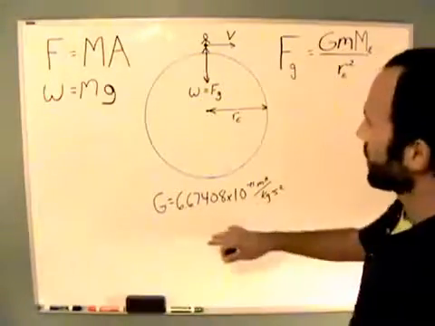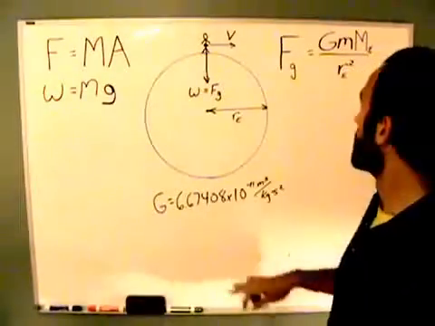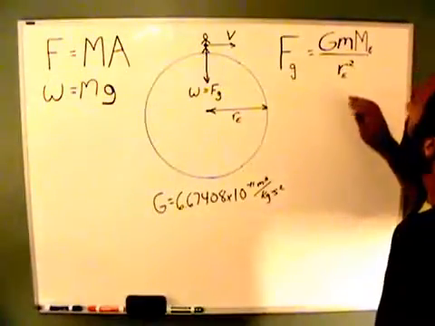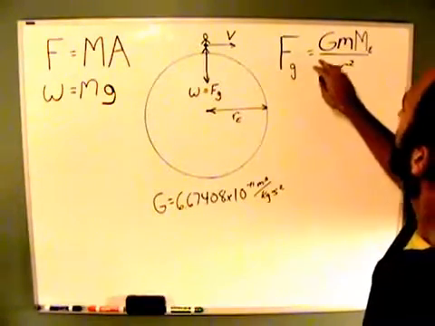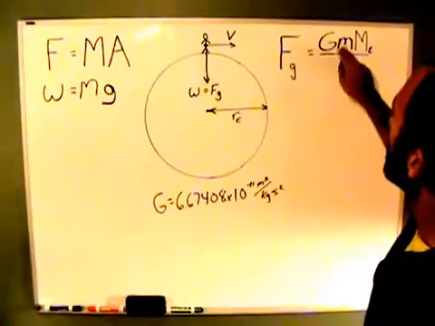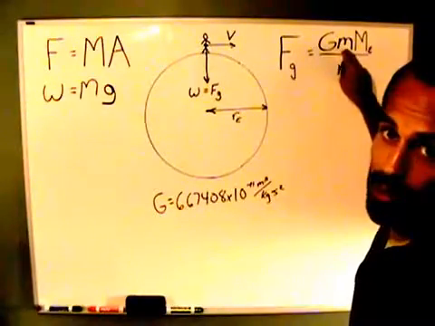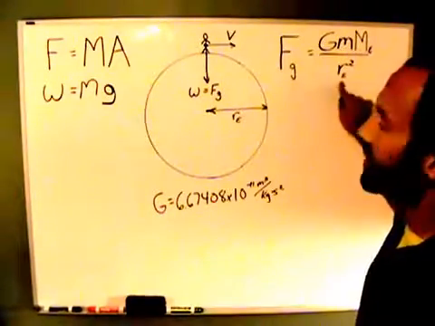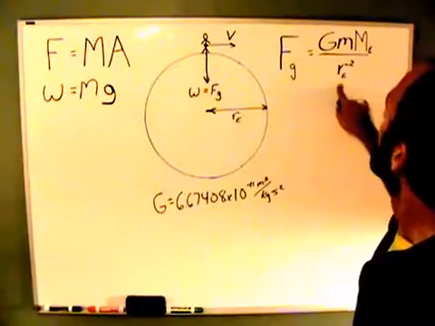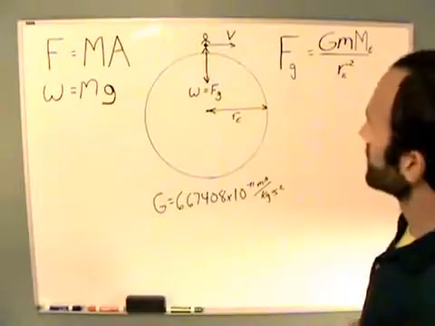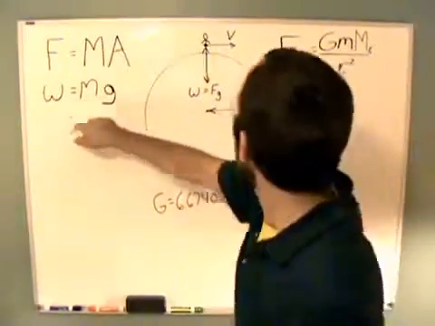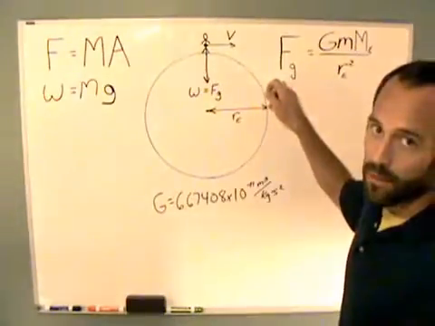Okay? He determined that from that experiment. Let's assume that's correct. So now he must have been really excited because he knows what this big G is. He knows what his mass is, or any other mass of an object on Earth. He knows what the radius of Earth is. So he can set these two equations equal to each other. You know, he knows that weight and the force of gravity are equal.